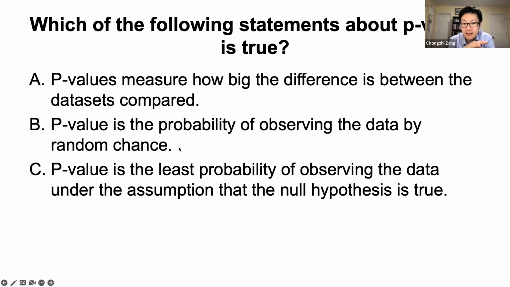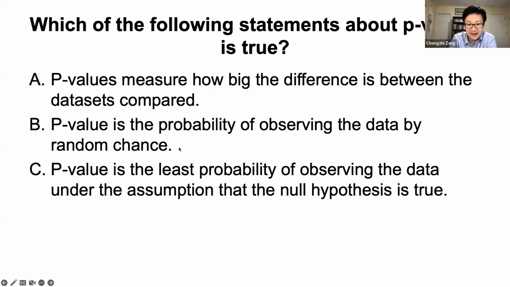Instead, the correct answer is C. The p-value is the least probability of observing the data under the assumption that the null hypothesis is true. In many cases, we generally think that the null hypothesis is some type of random distribution, and in that case we sometimes generalize, which is actually a misconception.